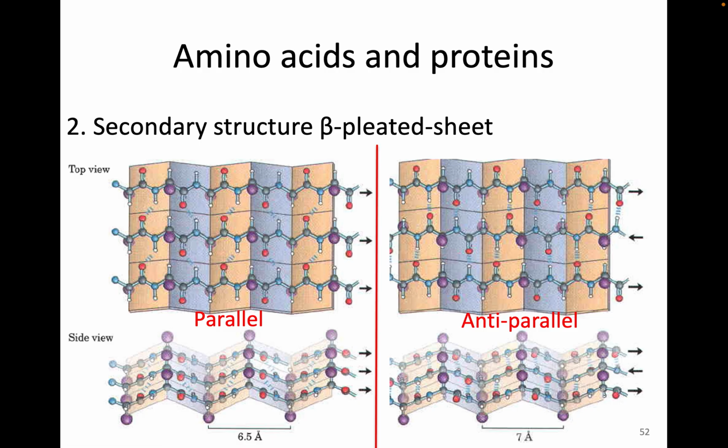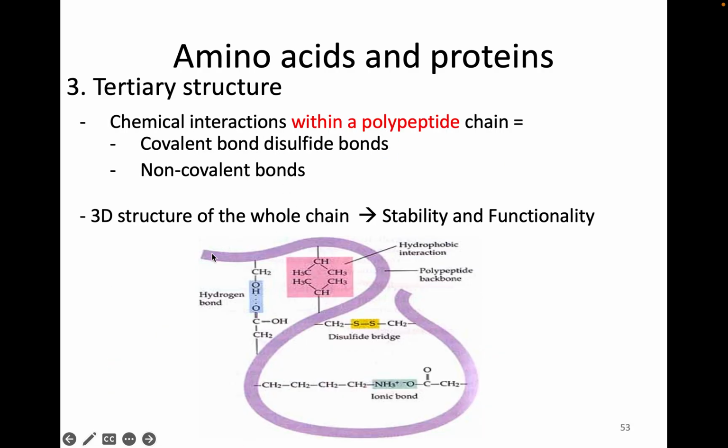Tertiary structure is described as the 3D structure of a single whole polypeptide chain. There are many chemical interactions to support this level of structure within a single polypeptide chain. Those are hydrogen bonds, hydrophobic interaction between nonpolar R side chain amino acids, disulfide bonds, which are covalent bonds between two cysteine residues, and ionic bonds between positively and negatively charged R side chain amino acids.